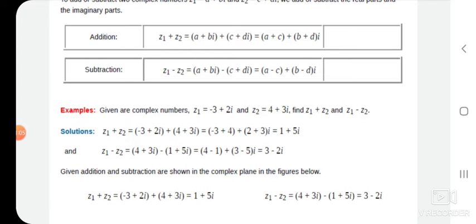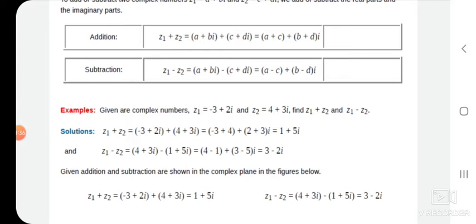Z1 plus z2 is equal to minus 3 plus 2i plus 4 plus 3i. We add the real parts and the imaginary parts separately, that is minus 3 plus 4 plus 2 plus 3 into i, which is equal to 1 plus 5i.